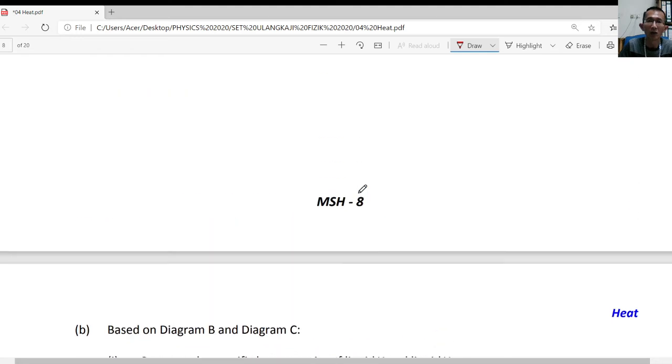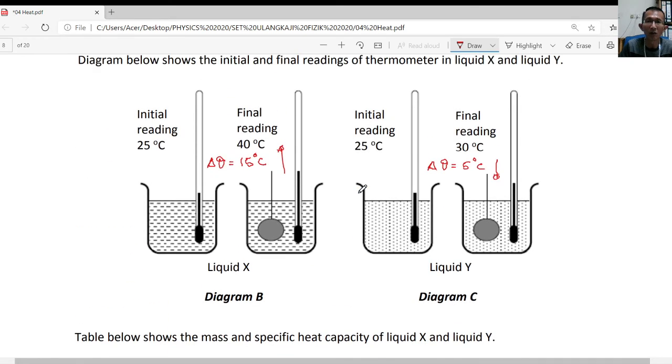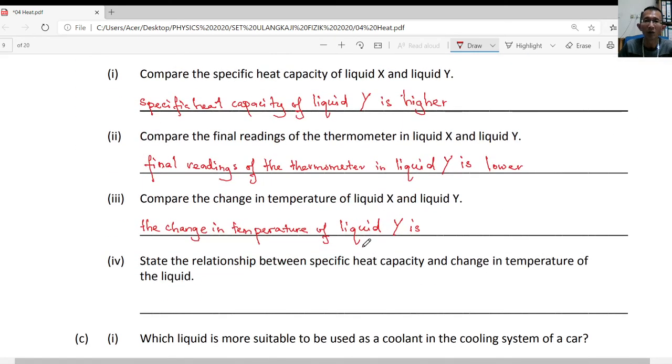So I go up to the change in the temperature. Liquid Y I have 5 degrees Celsius, liquid X I have 15 degrees Celsius. So liquid Y is smaller or lower. So here is lower, or less, than that in liquid X.